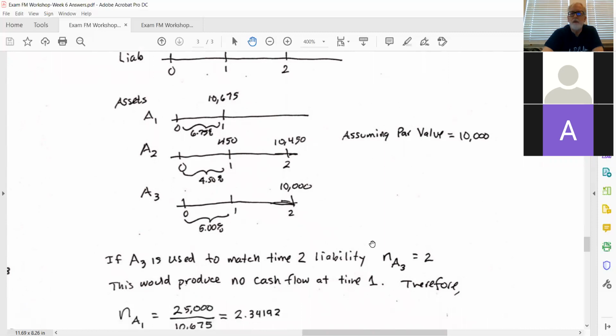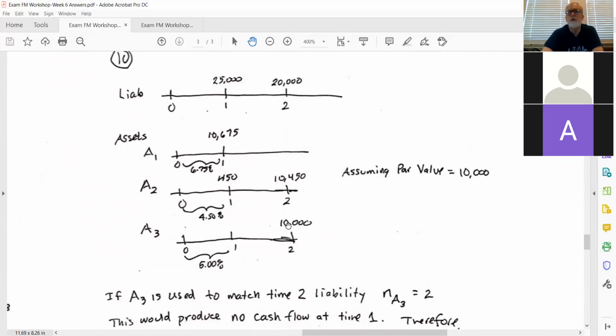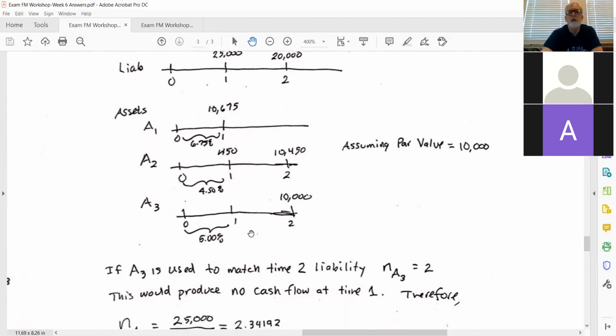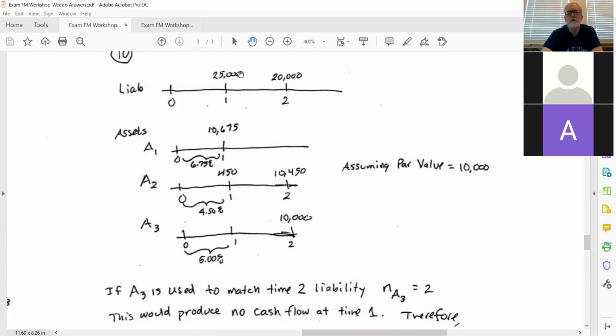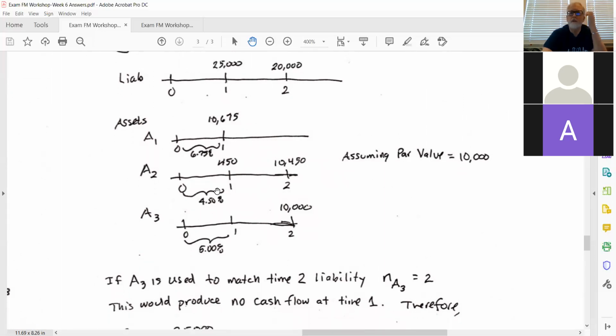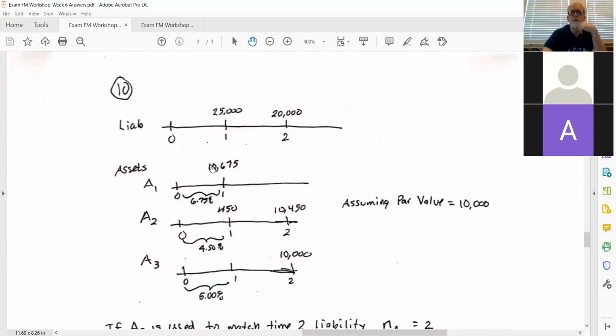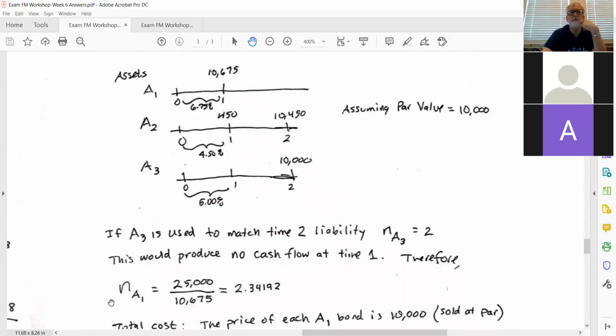All right, so obviously for this one, we would need exactly 2 of the 0 coupon bonds to match the cash flow, and it wouldn't produce any additional cash flow at time 1. So we would still have 25,000 in adjusted liabilities, and each of the 1-year bonds pays 10,675.